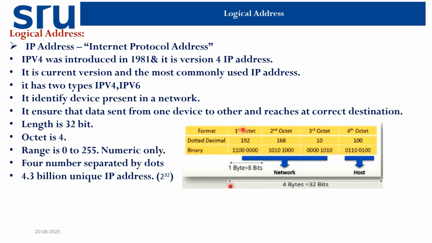These 4 octets are separated by dots. That's why we represent it like 192.168.15.2. Based upon the 32-bit length, 2 power 32 gives 4.3 billion unique IP addresses that we can allocate. This is about the IPv4 address.